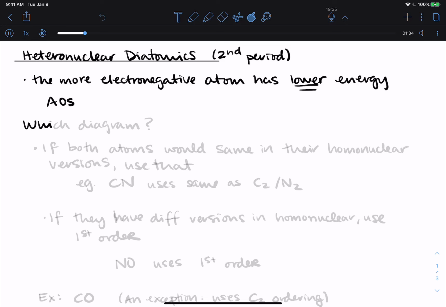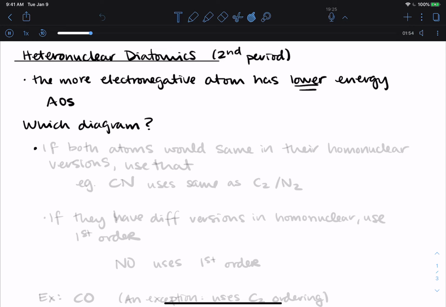The next question is which diagram to use. So do we use first order or second order? I'm going to give you a general rule, and then I'm going to tell you that there are also some exceptions, of course.